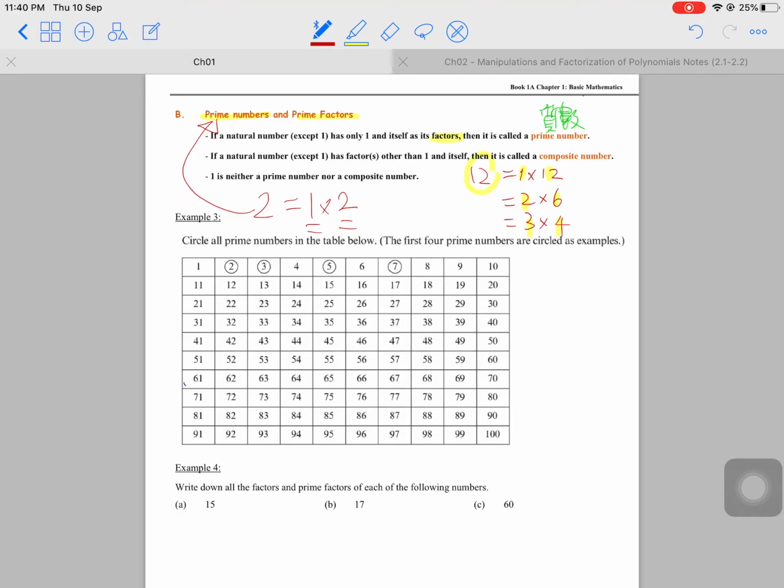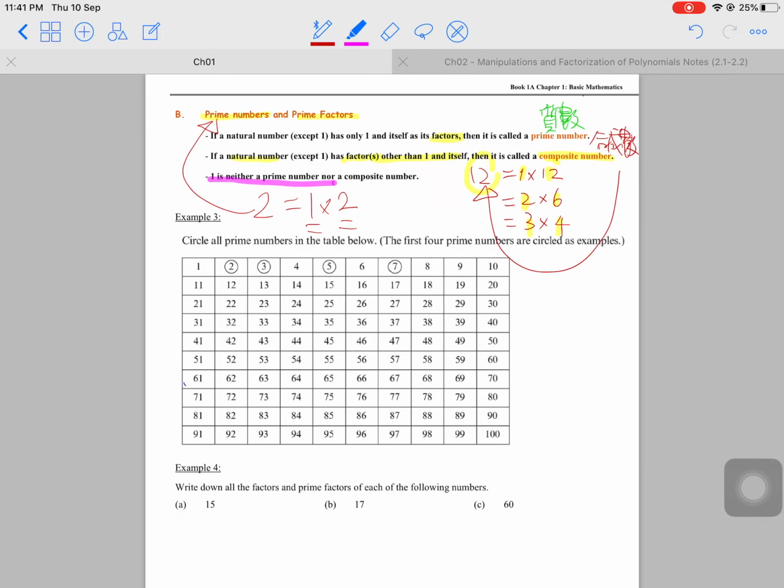If a natural number has factors other than 1 and itself, it is called a composite number, 合成數. So 12 is a composite number. Understand? So pay attention to that.